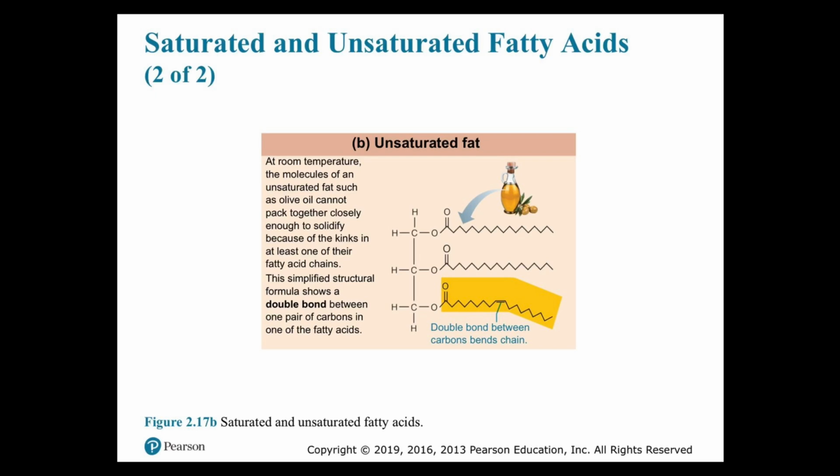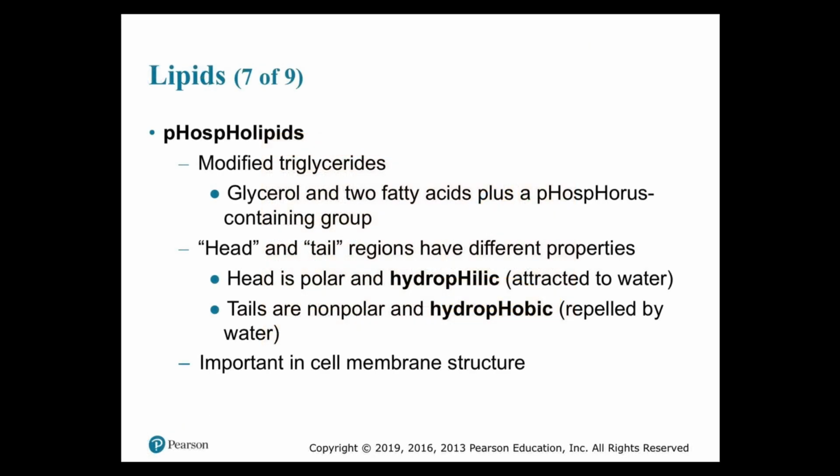The next group of lipids are the phospholipids. These are modified triglycerides because you have two fatty acids covalently bonded to a glycerol, and the glycerol is bonded to a phosphorus-containing group.